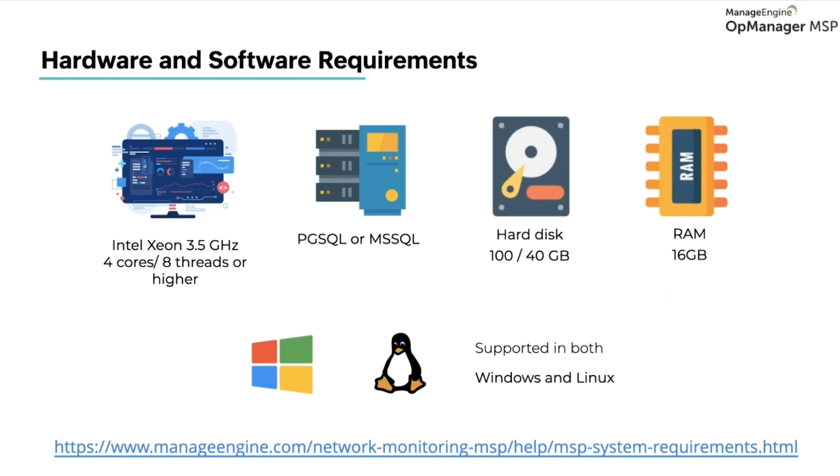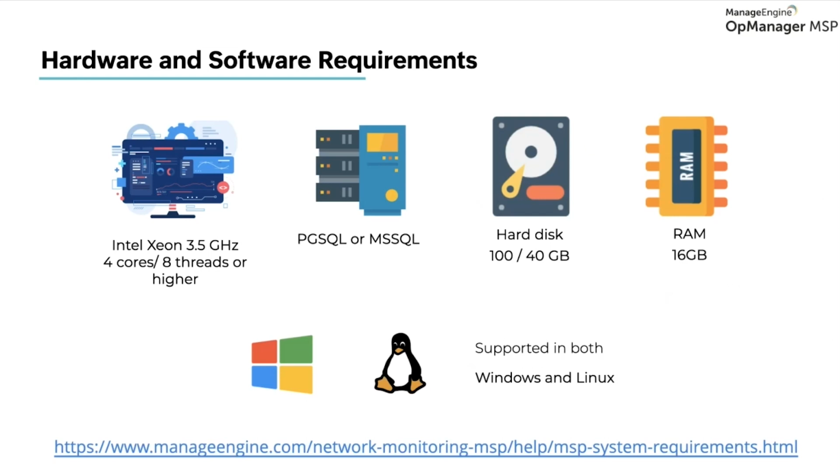And the RAM requirement is a minimum of 16 GB. OpManager MSP can be installed on both Windows and Linux operating systems. These system requirements mentioned are the minimum requirements for the specified number of devices. The sizing requirements may vary based on the load, and you can visit the link provided at the bottom of the slide for more information on the requirements.